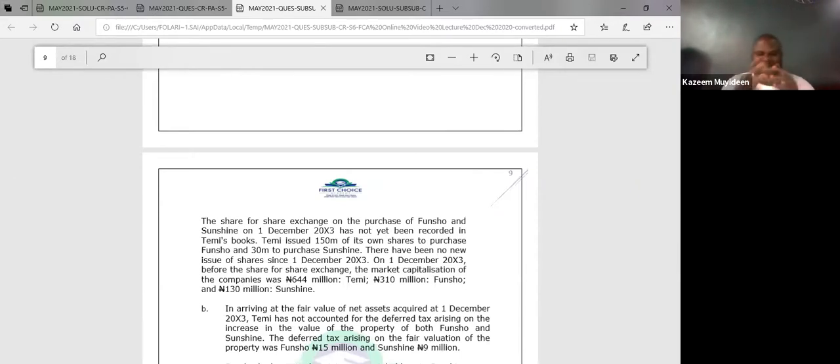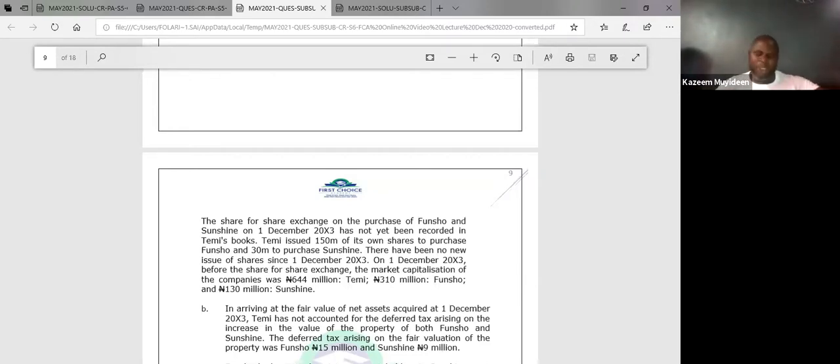Deferred tax can be tested in two ways. Either they give it to me like this, or they will give me a revaluation surplus and will not give me the temporary difference. It will create a temporary difference, and they will give me the tax rates.